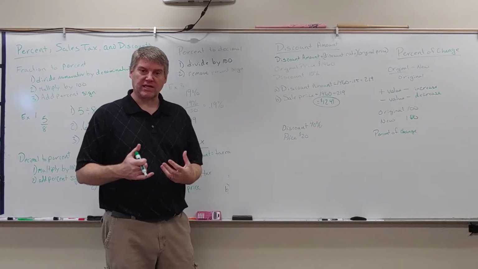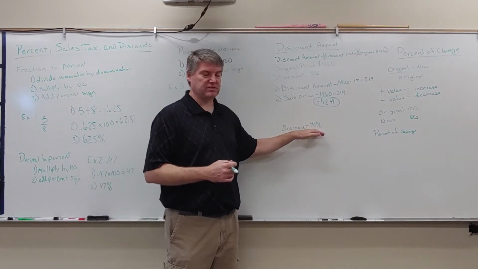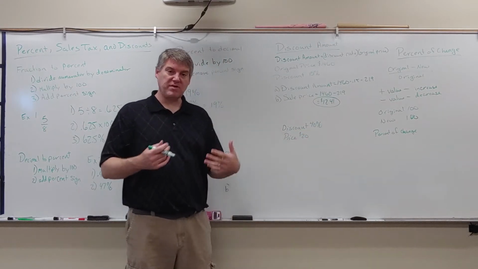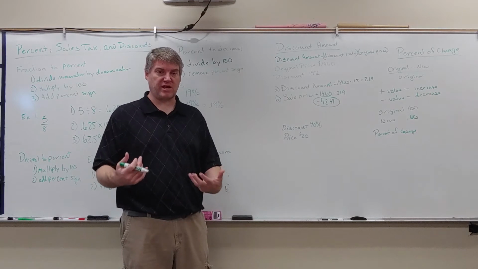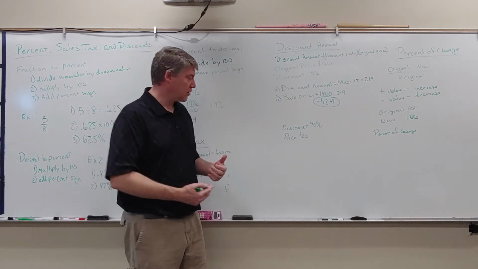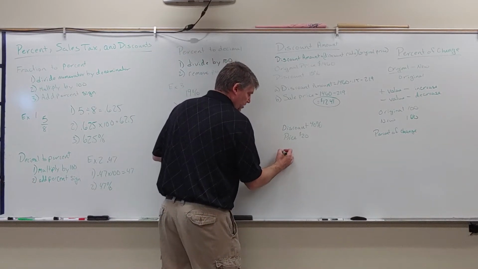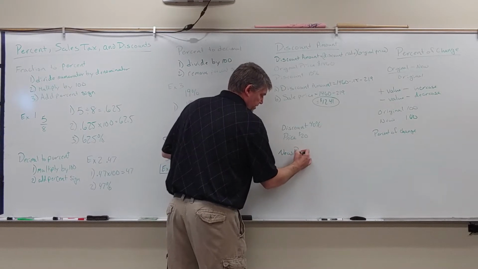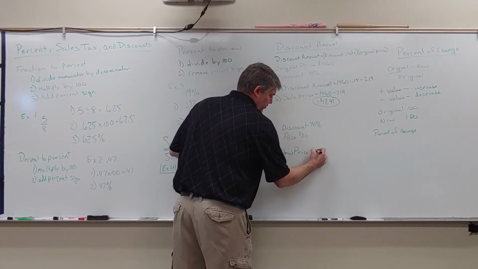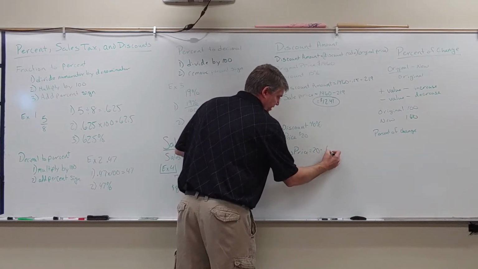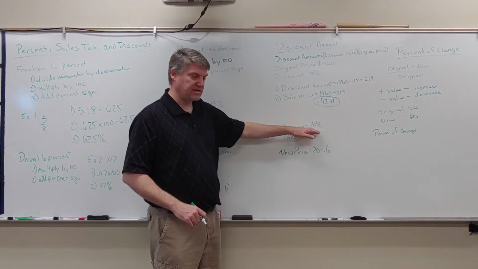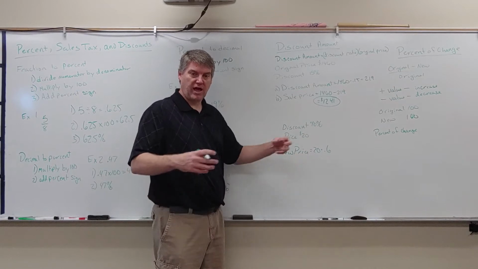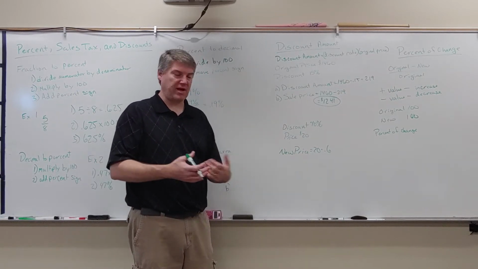Well, another way to look at this is if the discount is 40%, that means my new price has to be 60% of my original. So I can actually go like this and go 20 times 0.6. The reason I get 0.6 is, remember, my discount and my original have to add up to 1, right? It has to add up to my original.